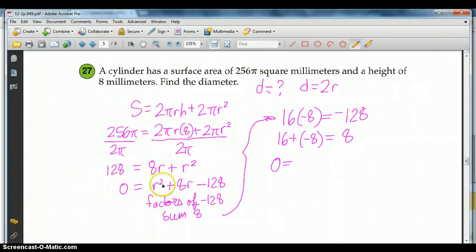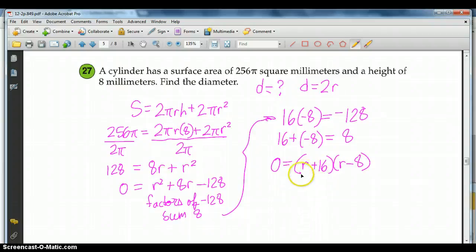So we want to rewrite this, as, instead of r squared plus 8r minus 128, we would have r plus 16 times r minus 8. And remember, once again, we can double distribute or FOIL this, and we should get this back.